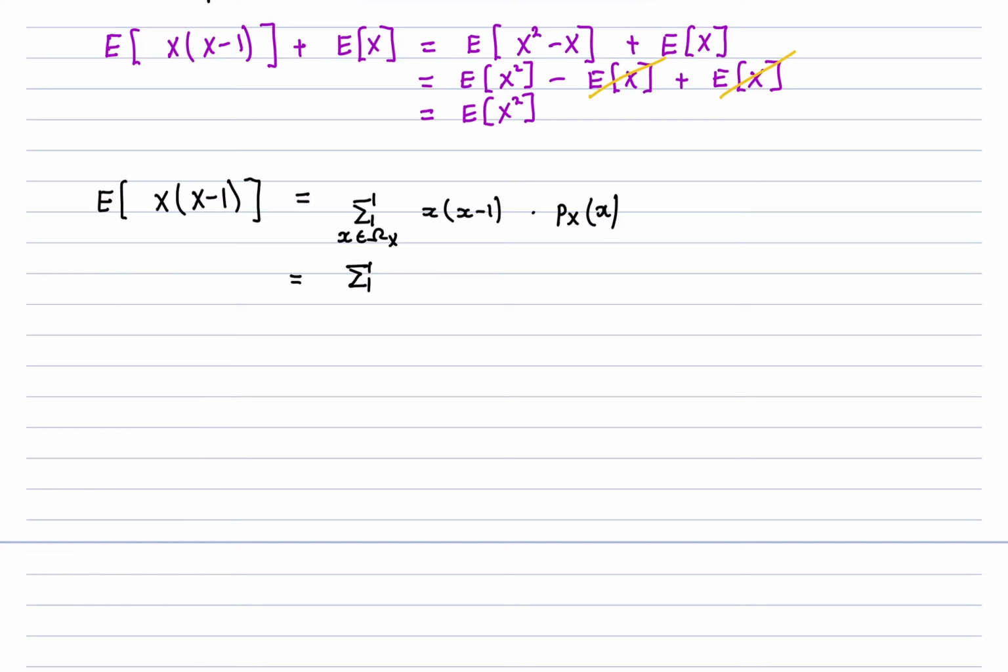Again, remember, X goes from 0 to n, and we've got X times X minus 1 times n choose x, p to the power of x, 1 minus p to the n minus x.